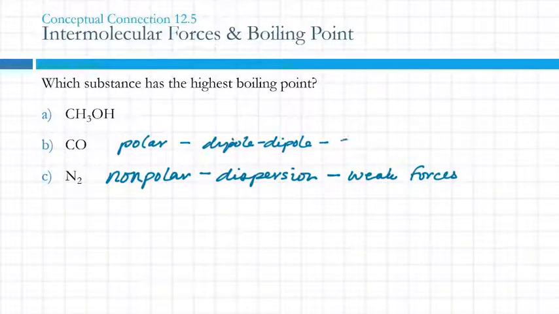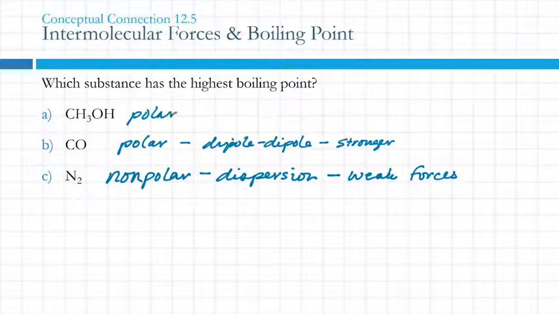So these forces are stronger than the dispersion force. And then let's look at this one. Does that look symmetrical or lopsided? Lopsided. It looks lopsided. So that one looks polar.